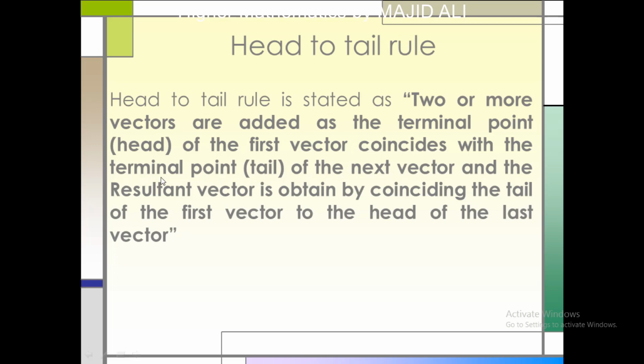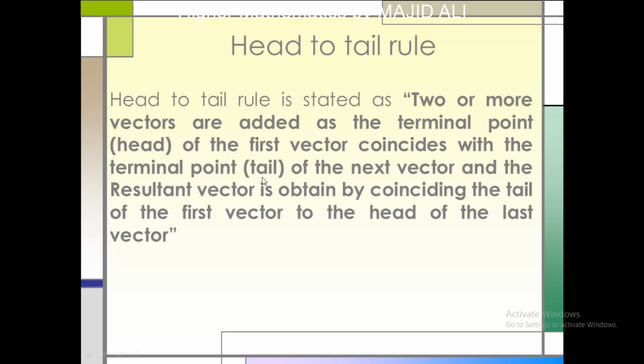The tail is the initial point of the second vector and the terminal point of the first vector, and the initial point of the next vector, and the resultant vector is obtained by joining the tail of the first vector and the head of the last vector. Here is a little bit of a mistake: here comes the initial point, which is the tail, as we have seen in the first lecture.